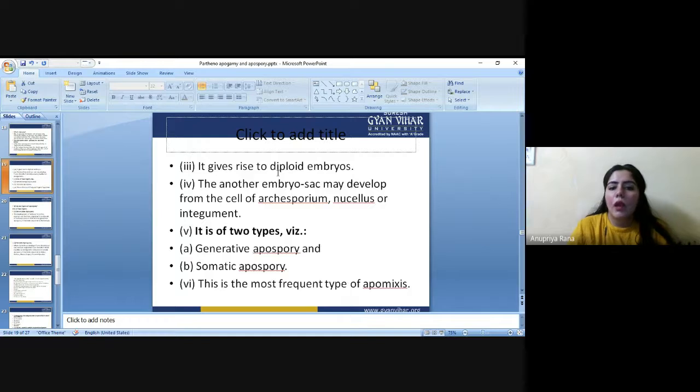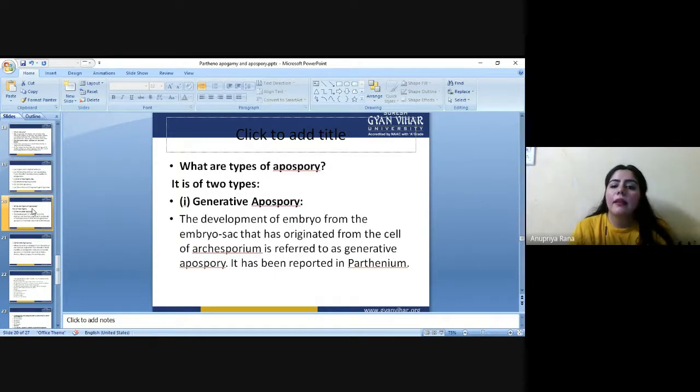So it is basically of two types: generative apospory and somatic apospory. They vary in comparison to haploid or diploid. If we talk about generative apospory, then the embryo sac originates from the cells of the archesporium. What you have to keep in mind is that the embryo sac here originates from the archesporium only, not from any other cell.